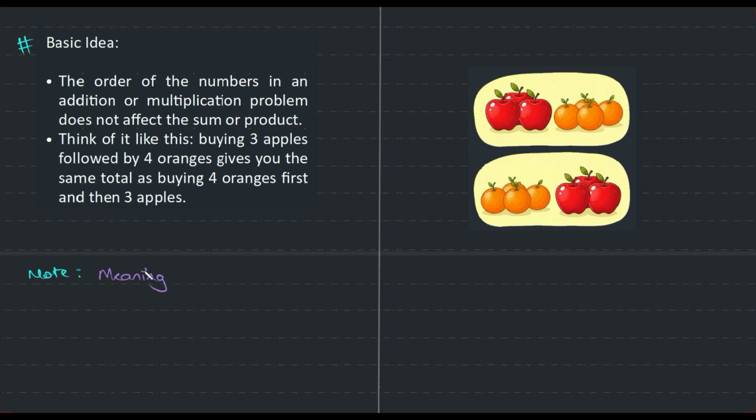Commute means movement. So what is moving around over here? Here, numbers are moving around. Here, numbers are moving around.